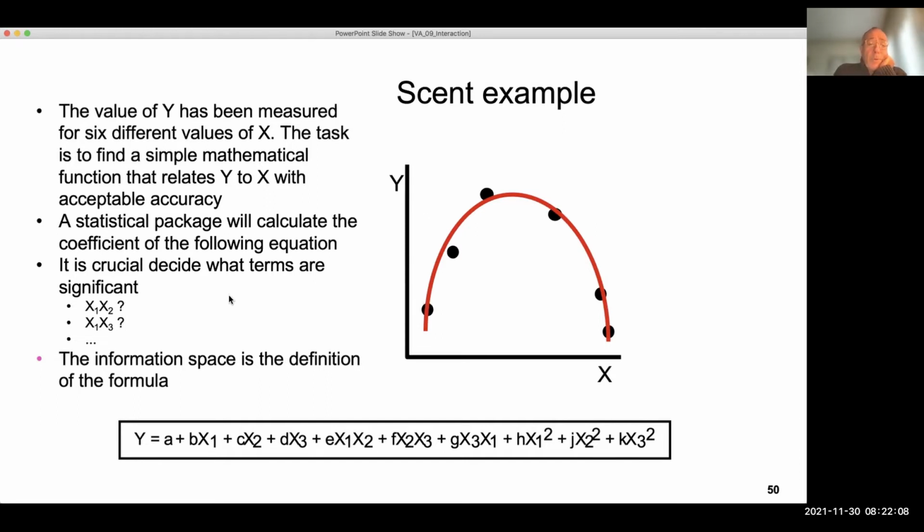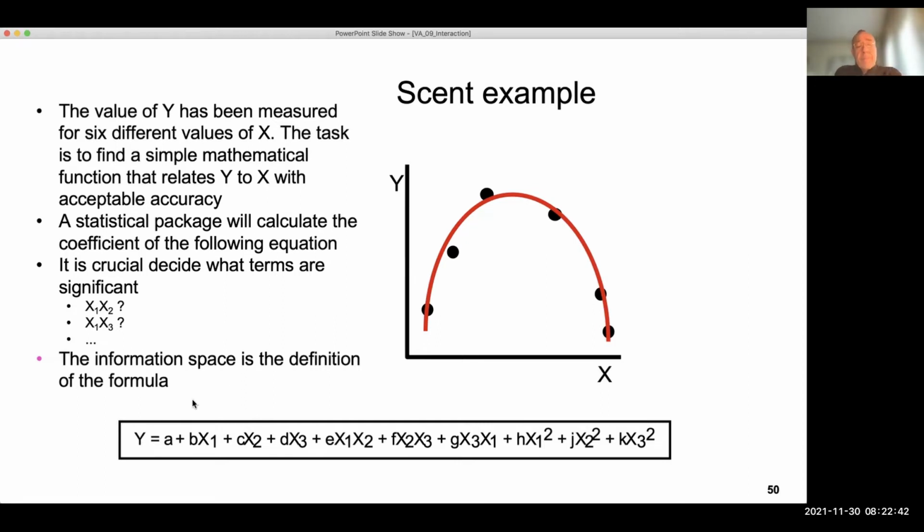And you have a statistical package that helps you in understanding the coefficients of this equation. You can have a different kind of approximation, and your formula, the y, is basically a constant plus a first order combination of variables, and you have the combination of two variables together, and so on till the third degree of the equation.